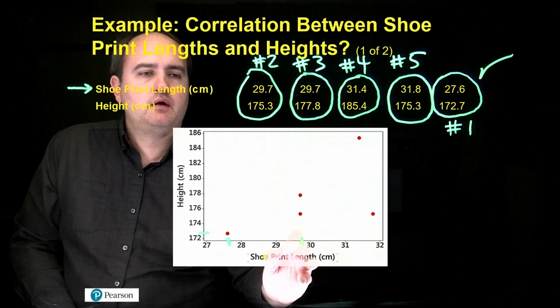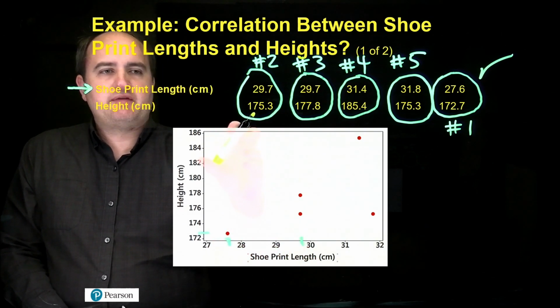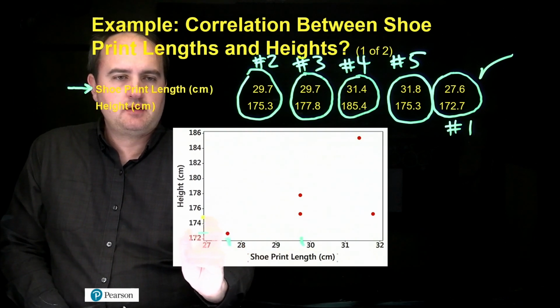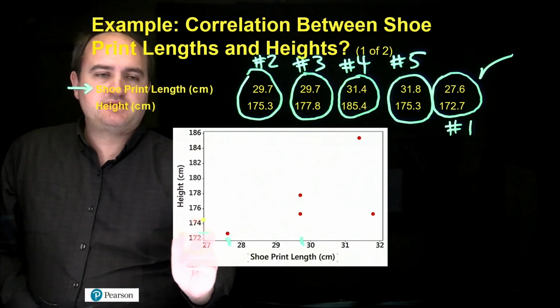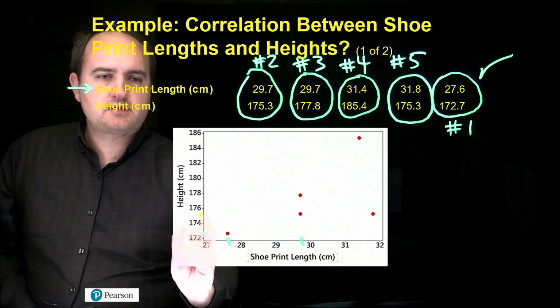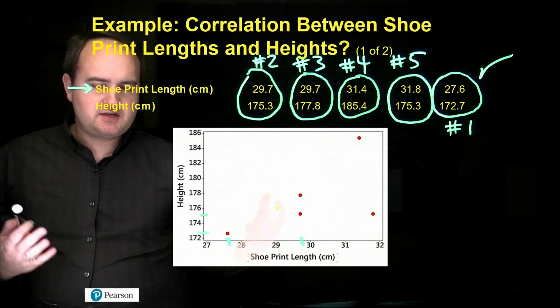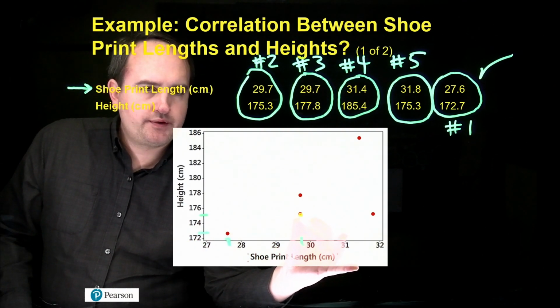Okay, right about there. And then for number 2, we have 175.3 on the y-axis. So that's going to be about halfway between 174 and 176. So that's going to be right about there. Okay, and as you can see, if you do it this way, you can get their next point. So that's this point right here.